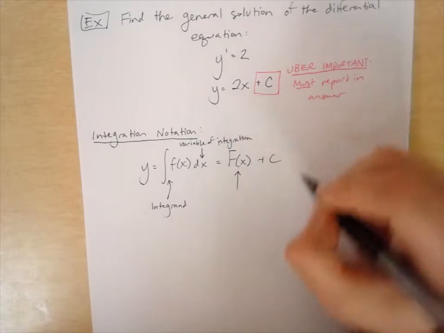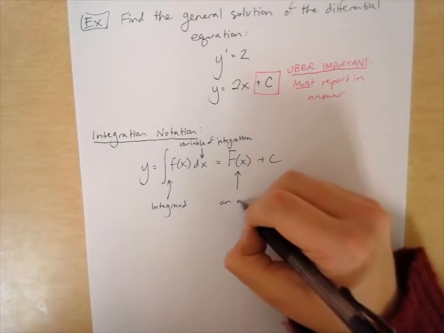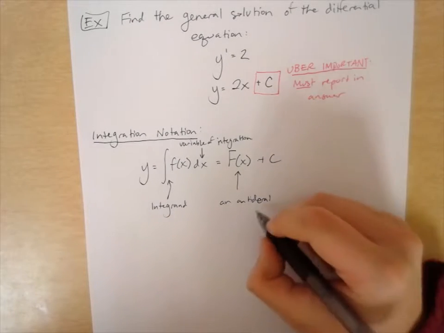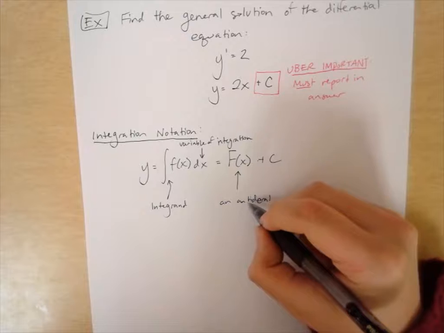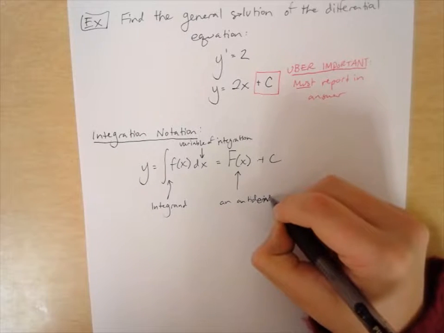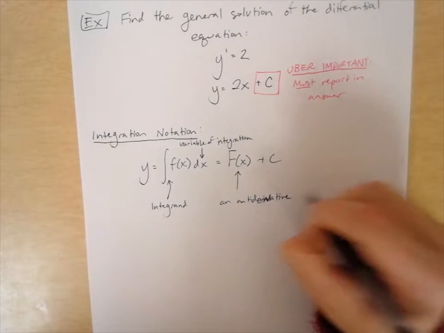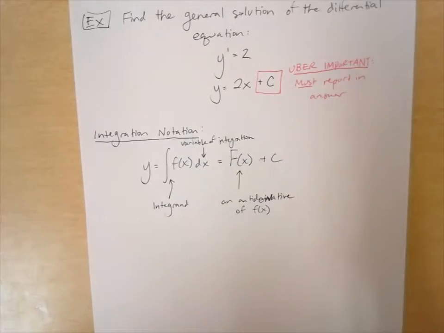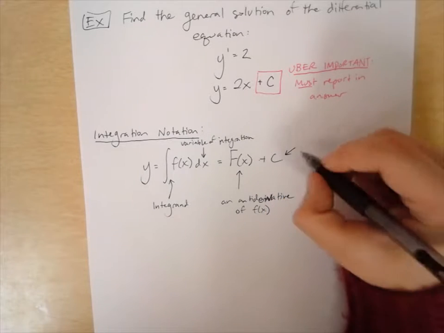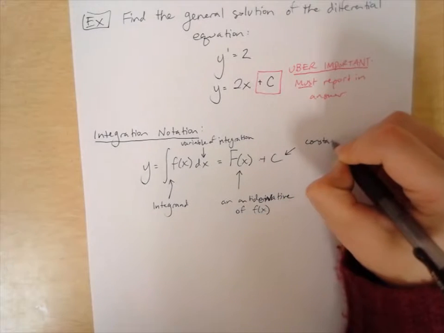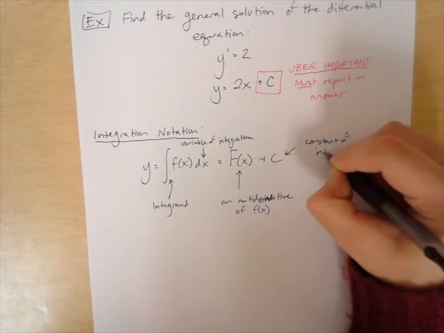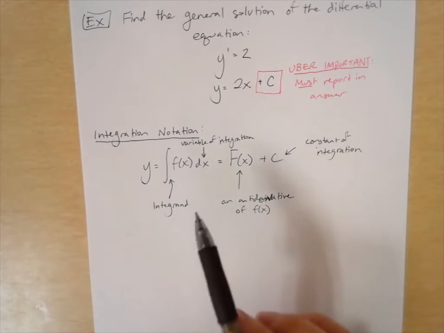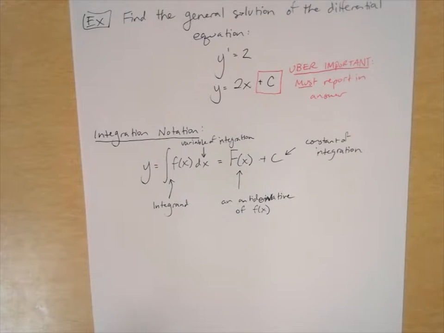And then this big F of x is just an antiderivative, something that could be an antiderivative of our f of x. And then plus c, that all-important constant of integration. Okay, and that's really what all of these pieces mean for an integral.